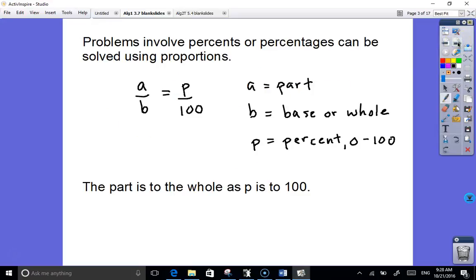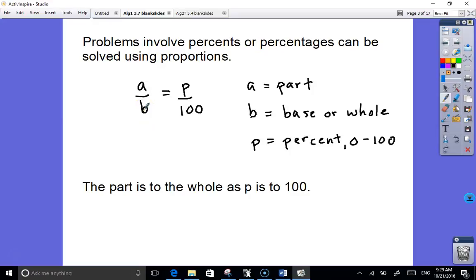So the thing about percents is they are proportions. These problems are proportions. If we've just learned how to solve a proportion, we ought to be able to extend this into solving a problem that involves percents or percentages, however you want to say it. The parts of the percent proportion are, using their symbology, A is called the part, B is called the base or the whole.